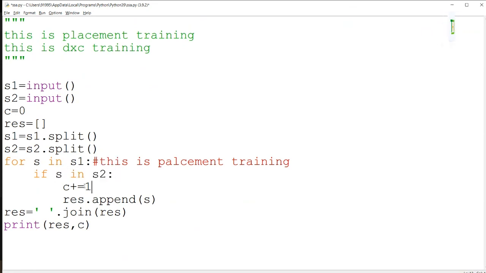If it is there, I'm going to increment the count and I'm going to append it. Is placement in s2? Is it in s2? Yes. Then I'm going to print it. Is it clear, everyone? I'm going to find how many common words there are and print what the common words are.